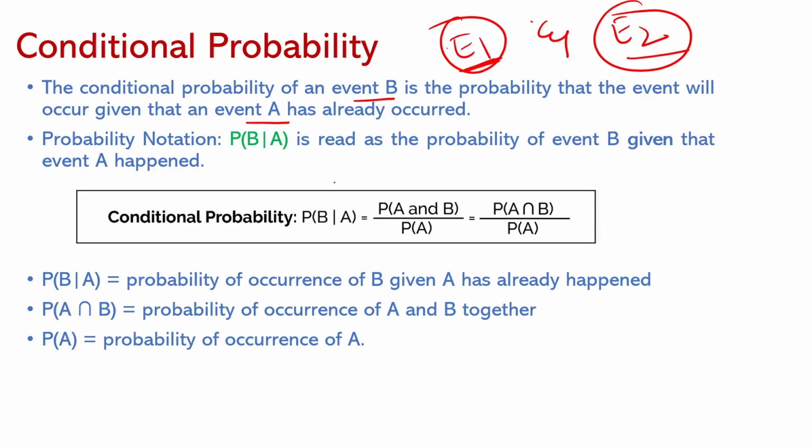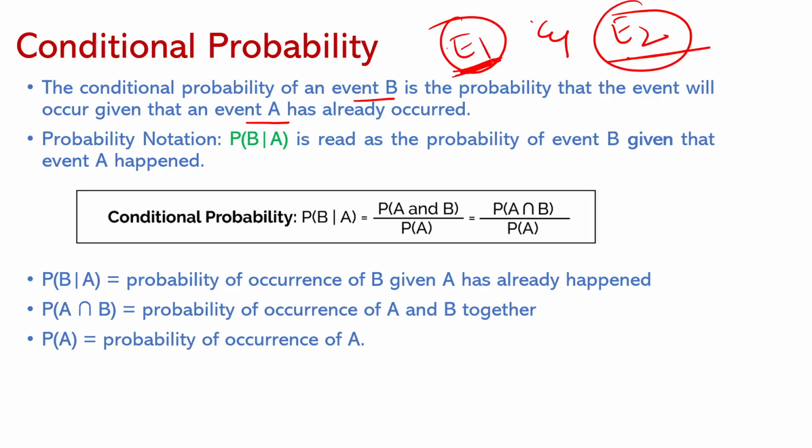I will repeat once again. When the happening of an event E1 depends upon the happening of another event E2, then the probability of E1 is called conditional probability.